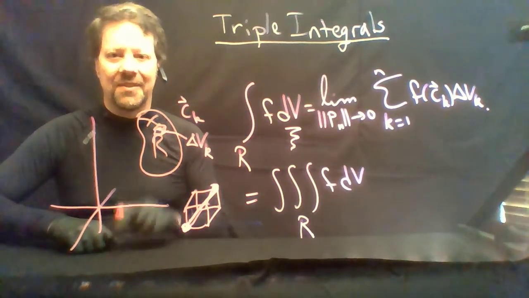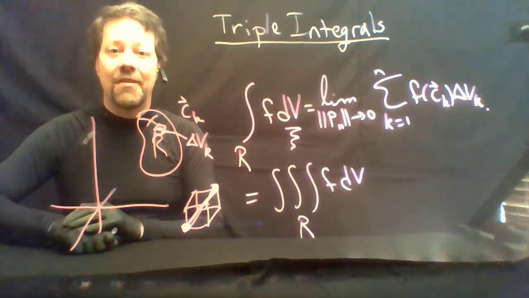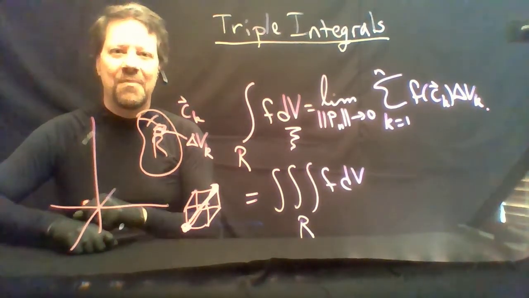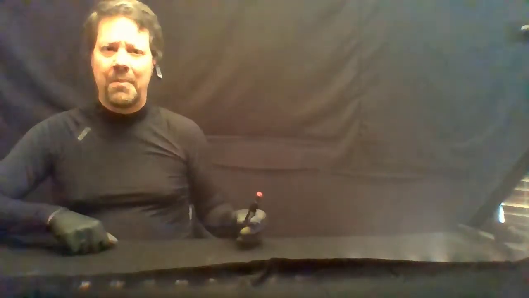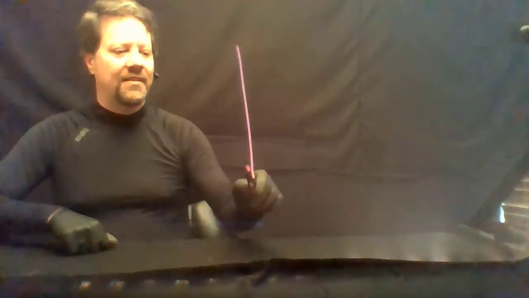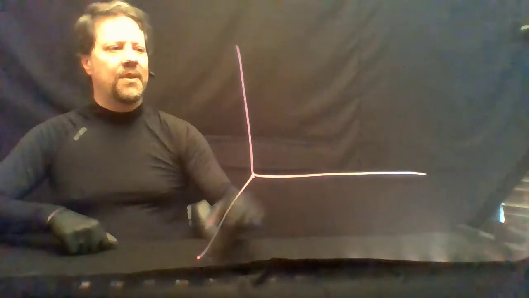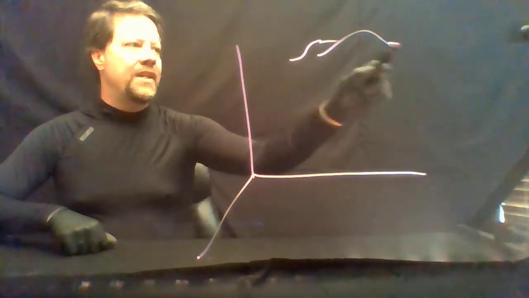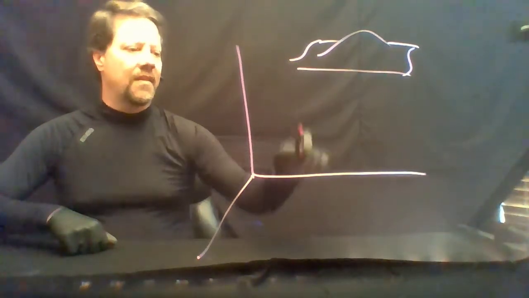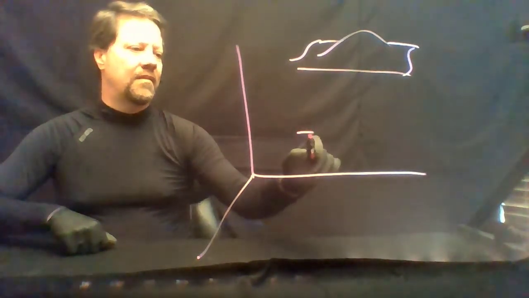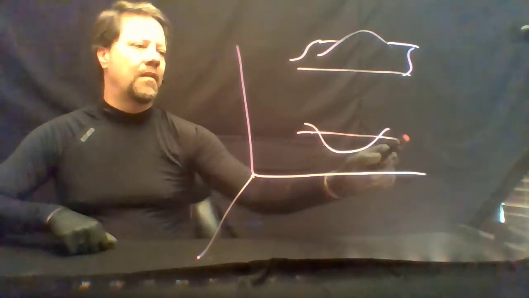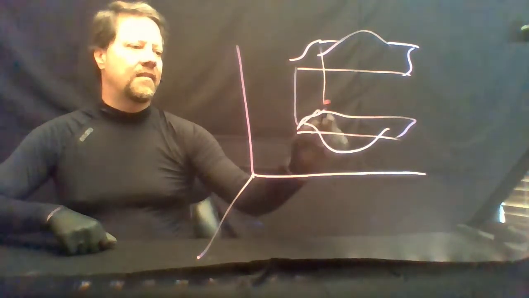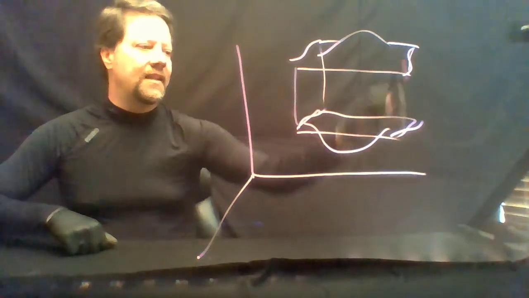For double integrals, the silver bullet was Fubini's theorem. We demand a Fubini's theorem. To properly phrase Fubini's theorem, let's suppose we have some region in space. It has a lower surface and an upper surface.